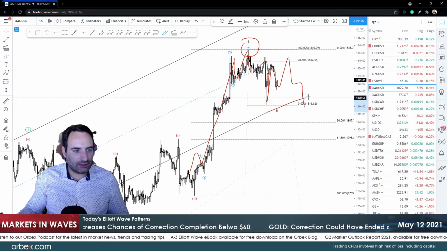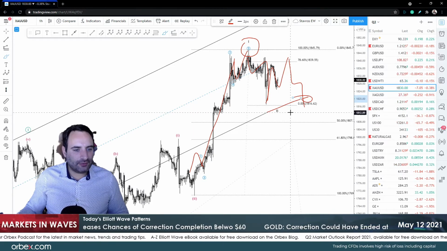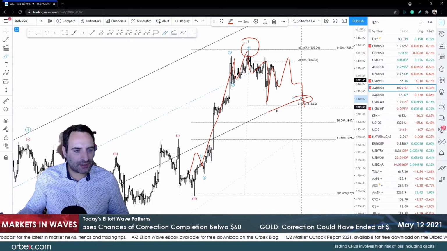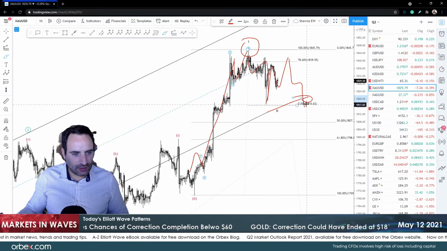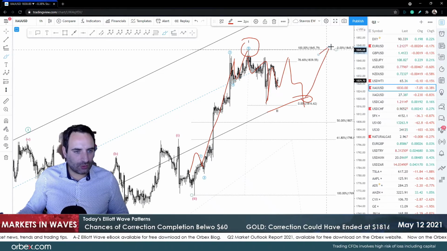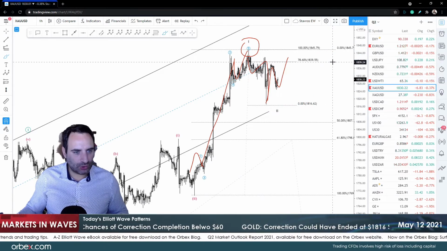That will be W, X, and Y for a double three or double zigzag pattern over here. Looks like more double zigzag, to be fair. And then we continue higher. Okay, this is what I'm looking for in gold as well.